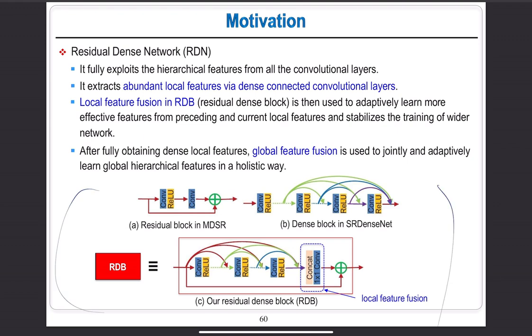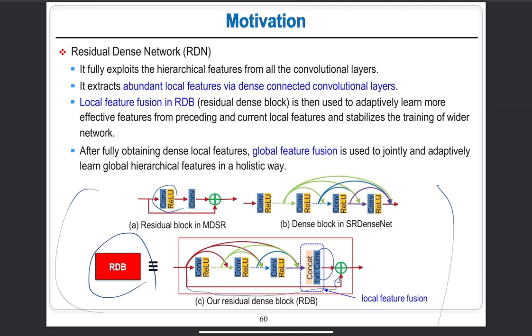This slide shows the architecture of RDN and RDB. It begins with shallow feature extraction, and then residual dense blocks. Each RDB extracts local features, as shown here, and global features. We fuse the features using one-by-one convolution for local feature fusion, and we add a residual connection for stable learning.